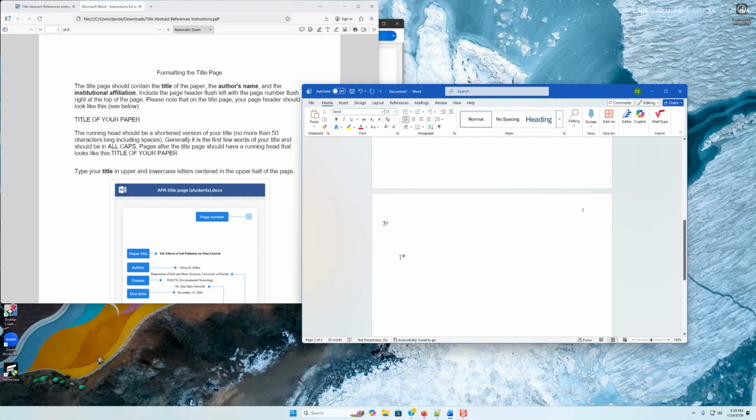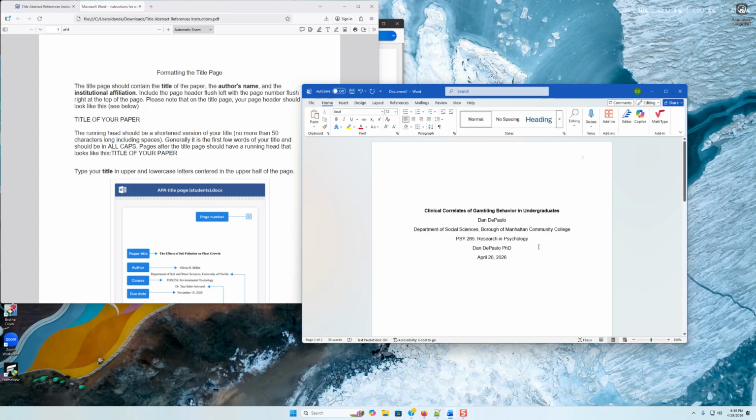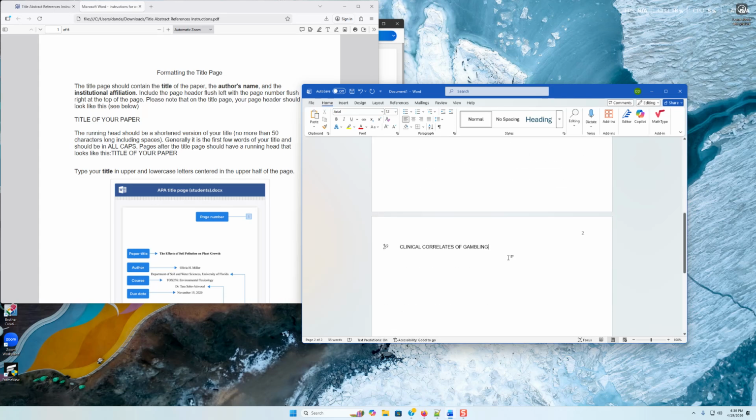It's going to be in all caps also. All caps. Right, so that's starting on page 2 here, clinical correlates of gambling.